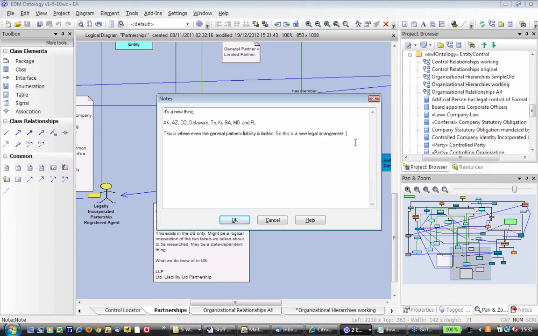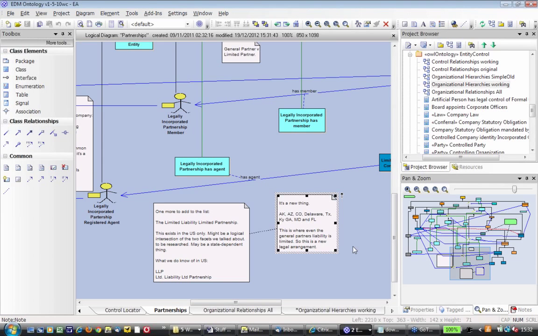So this is in answer to my earlier rhetorical question, this is a third thing. It's not an intersection of what we've already talked about. It's a new legal arrangement altogether. Now we can have general partners that can have either limited or unlimited liability, whereas up to now they could only have unlimited liability. Right, interesting.